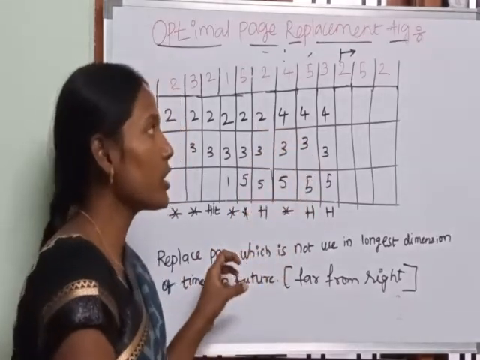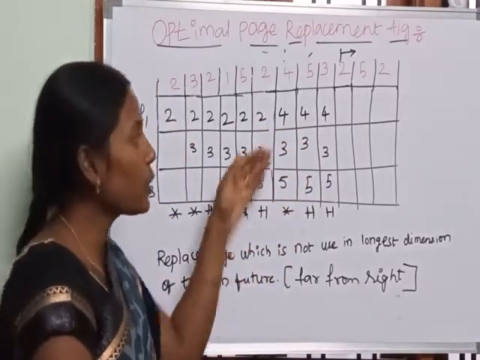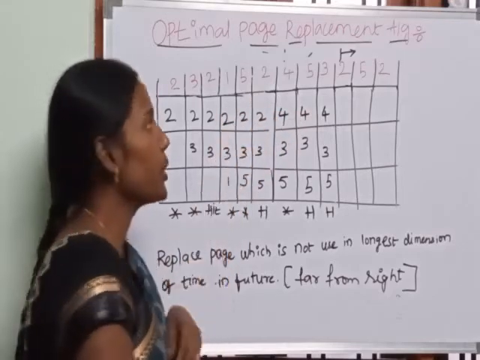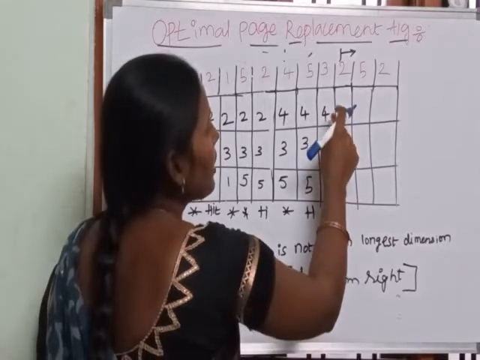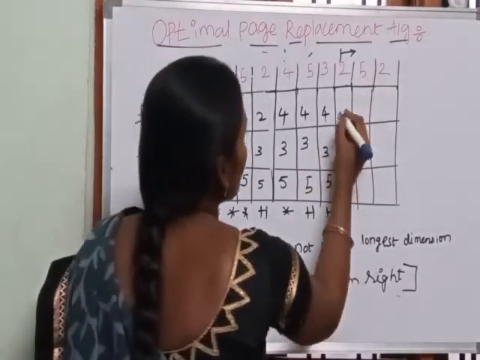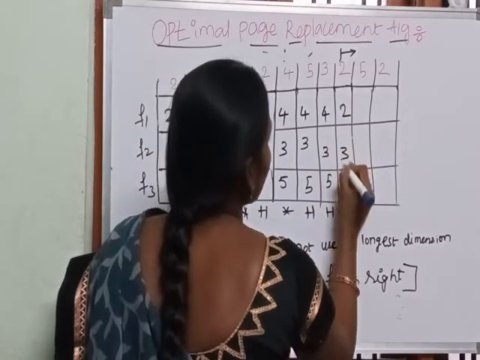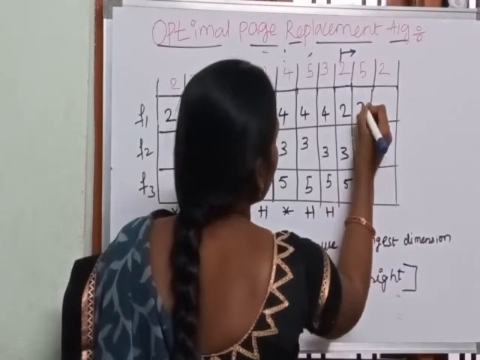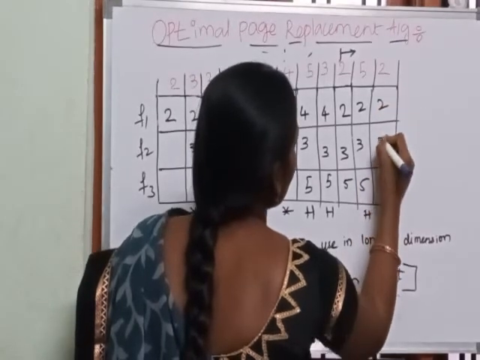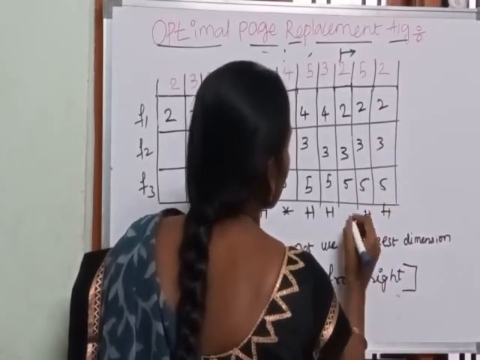But some of the authors say that when two pages qualify, the first in first out principle is used. So which is the first element? 4 is the first element. So replace 4. I am replacing it with 2, giving 2, 3, 5. Next 5 is already there. 2, 3, 5. That is a page hit. Already 2 is there. 2, 3, 5. That is a page hit.